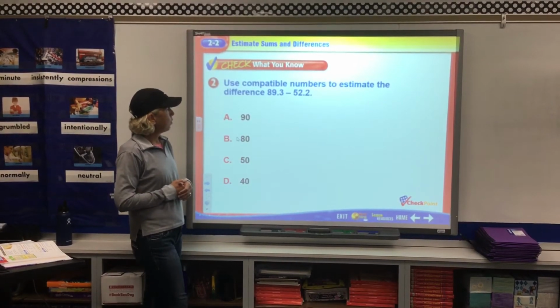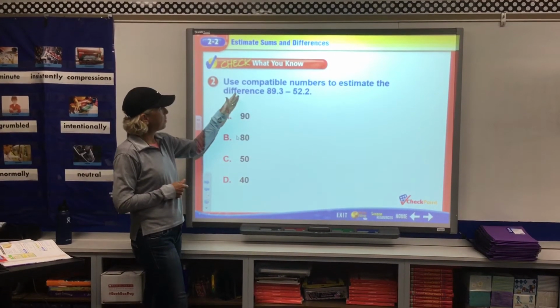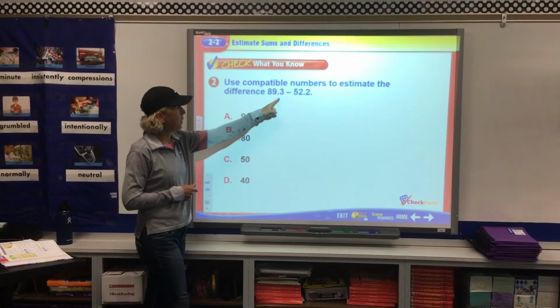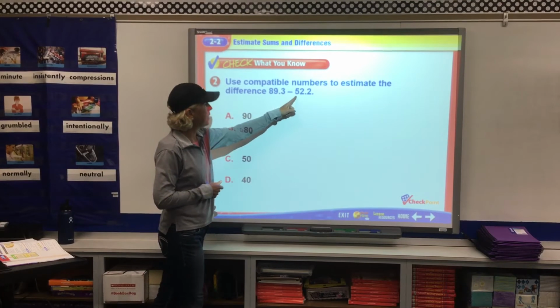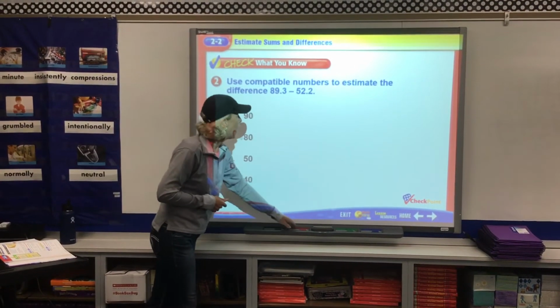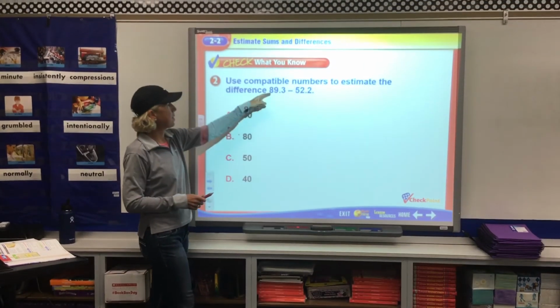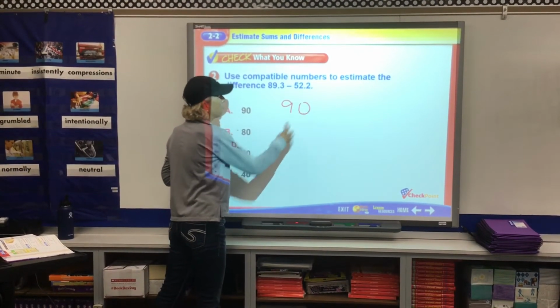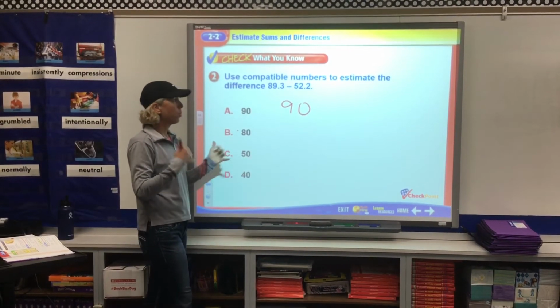If we were to use compatible numbers to estimate the difference of 89 3/10 minus 52 2/10, you would look at 89 3/10 and think, 90 would be a super easy number to work with.